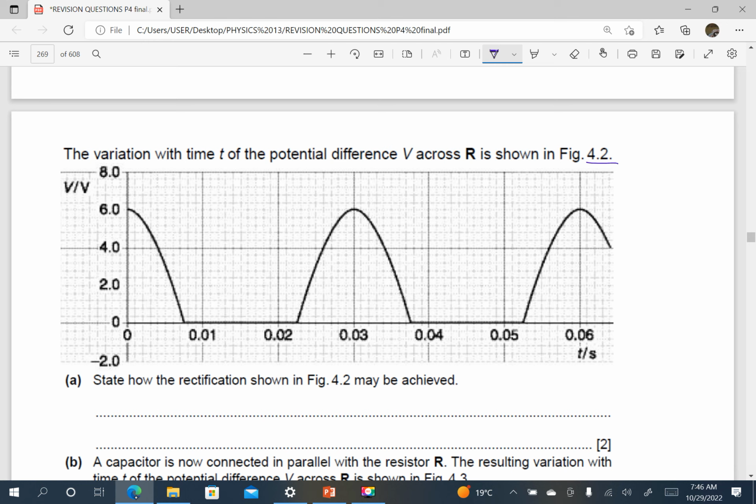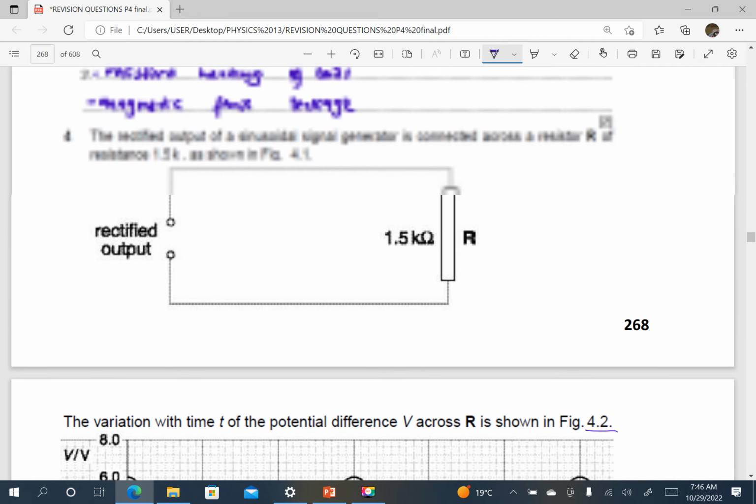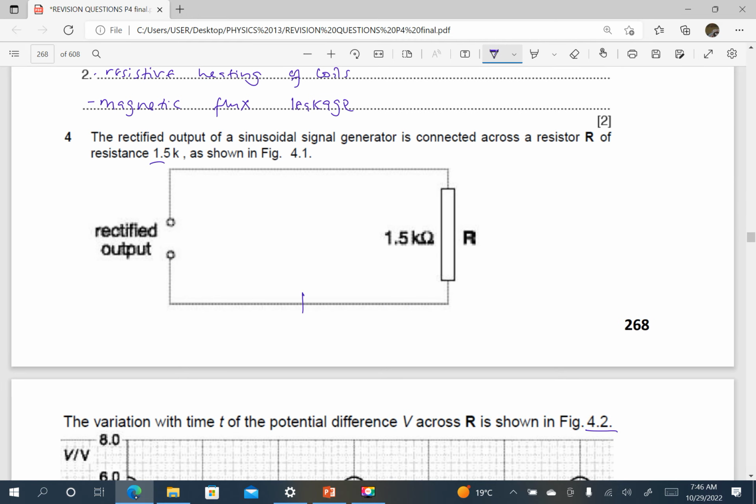When you look at this diagram 4.2, you notice that this is half wave, because half of the cycle is 0 and there is only voltage in another half of the cycle. So it is half wave rectification. And we achieve half wave rectification by inserting a single diode in series with a load.